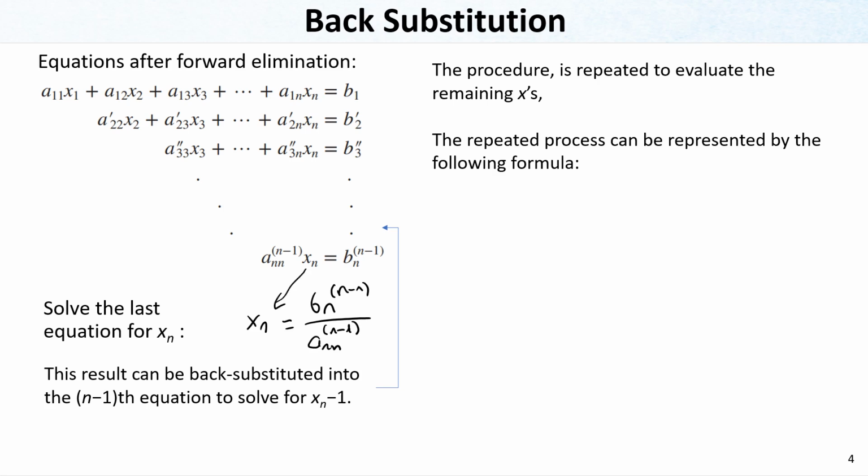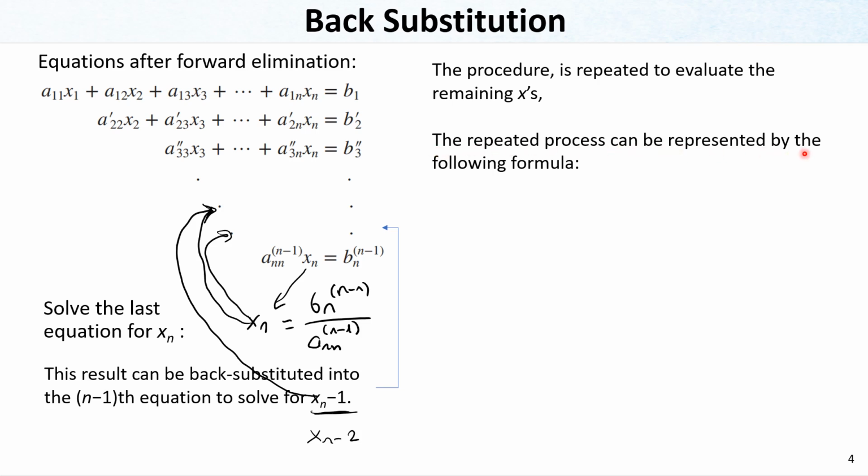Then we back substitute this into the (n-1)th equation, and find xn-1. Then put it back here along with xn, then find xn-2 and so on. So we will have a repeated process by back substituting all the calculated unknowns up to the first equation, and we will have finally all the unknowns.